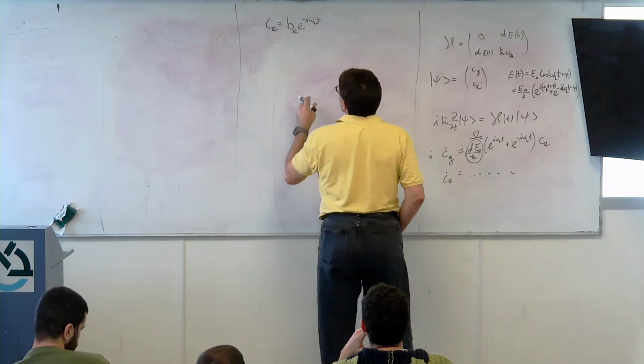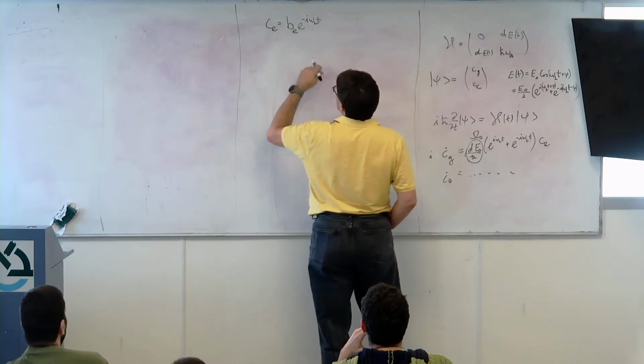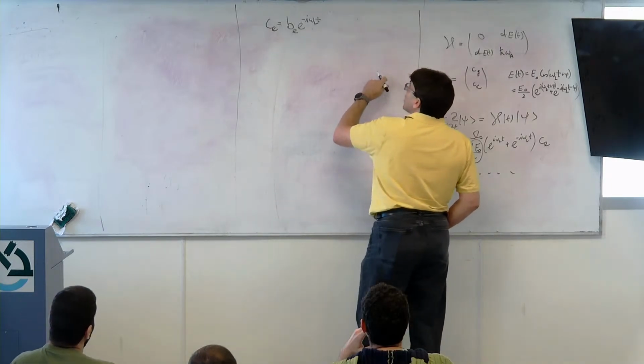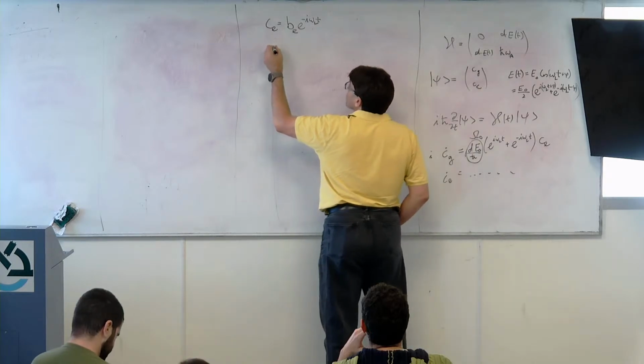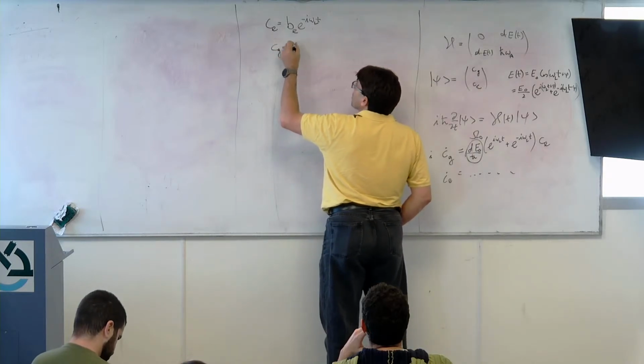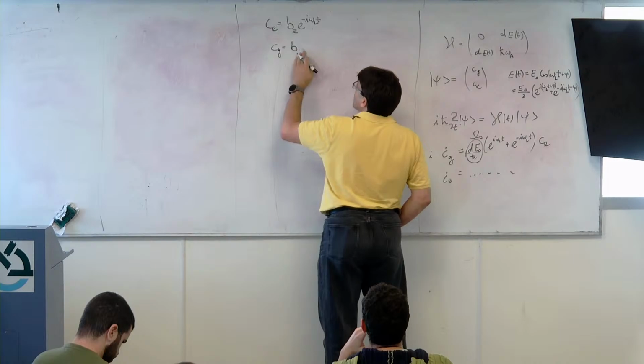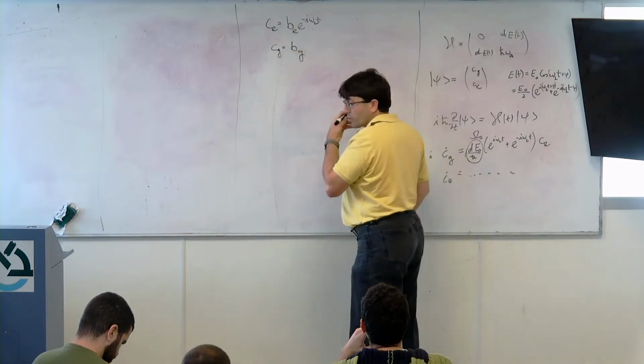And C ground, we said, okay, that will be still B ground. So we're moving from C to B.